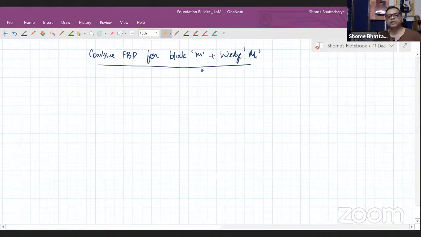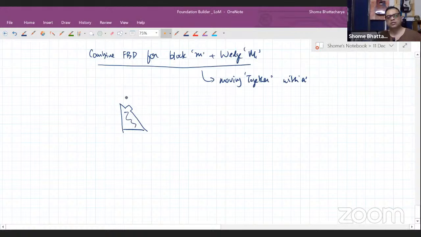Now, because they are moving together as one single object with that horizontal acceleration a, if you think of this combined free body diagram, because they are moving like one object, there is no slipping between them. So this is M plus M1, the mass of that object, and on it only tension acts, giving it an acceleration a, which you already calculated, 7.5 meters per second square.